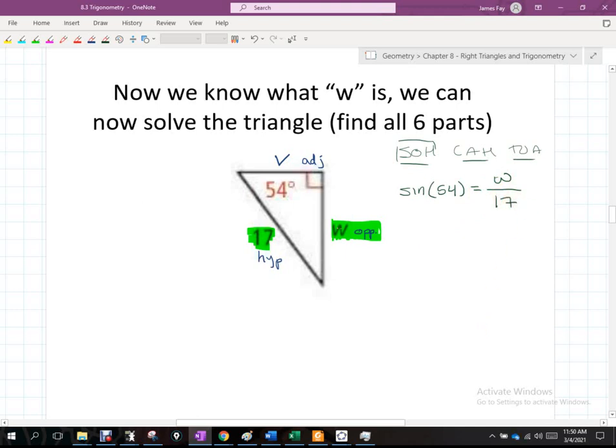Every one of these problems, once you set it up, is ultimately a proportion, so you can cross multiply and solve for W.